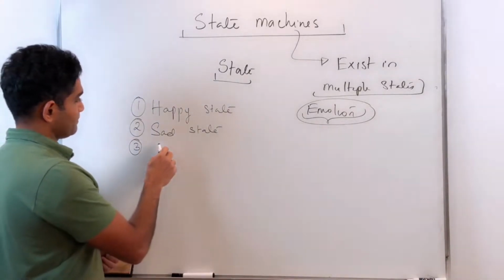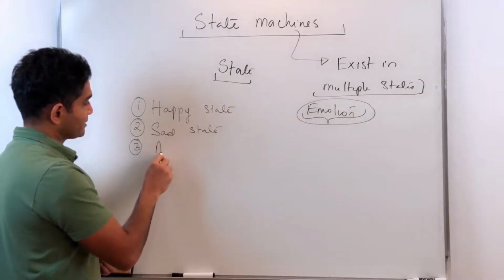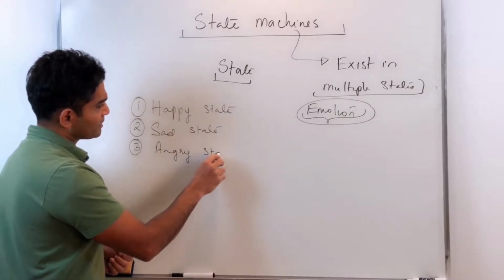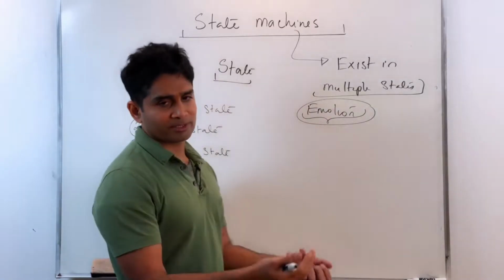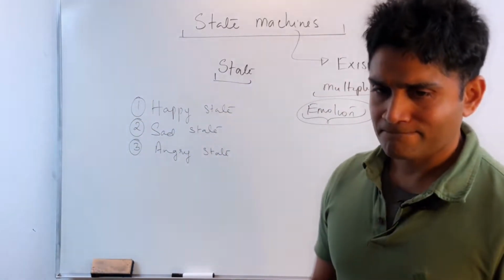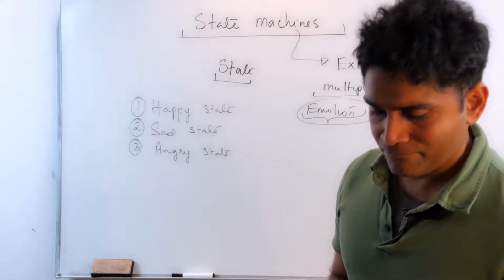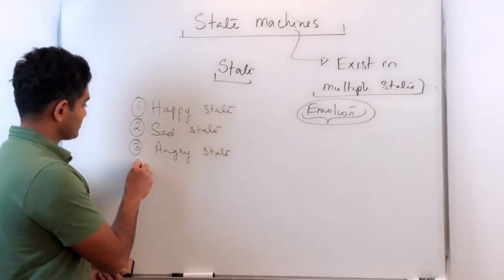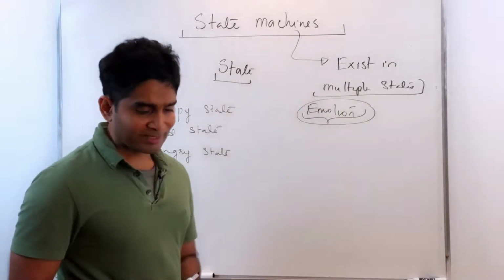We have angry state. Any other examples that you can provide? Just the states that we find ourselves in daily life, right? So happy state, sad state, angry state. What else? Any additional states that you find yourself in?